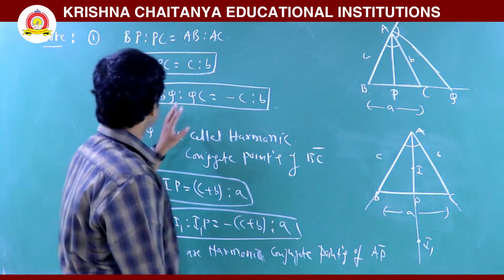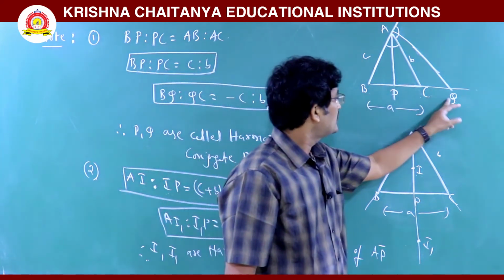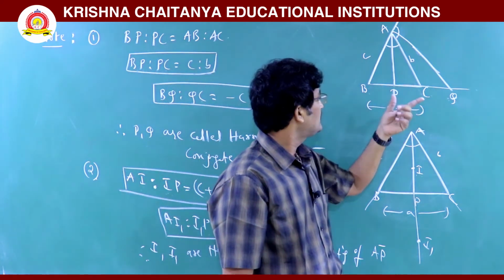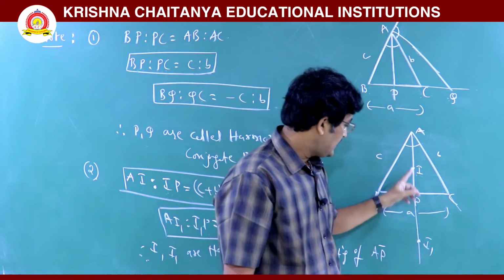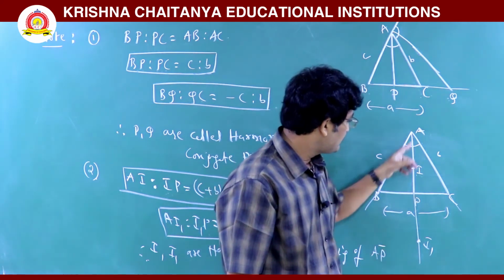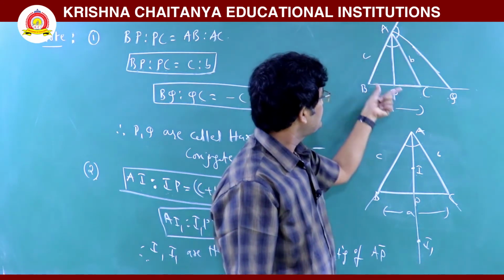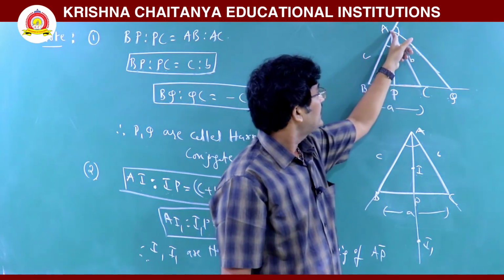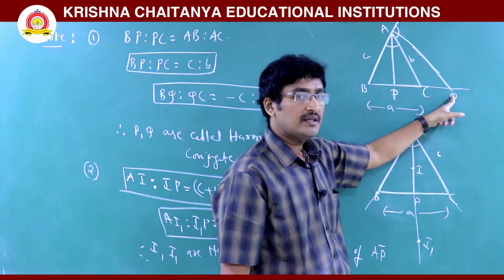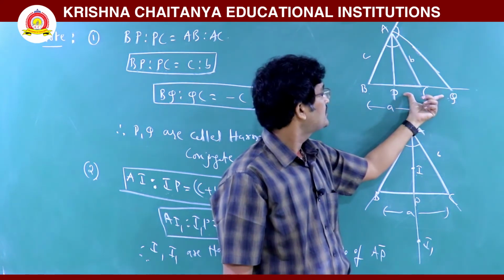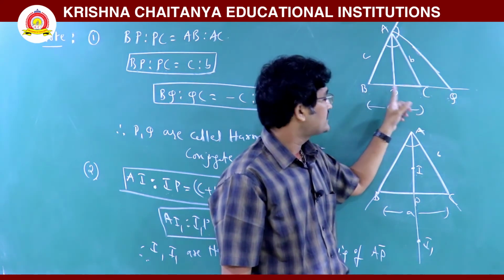So in this one, P, Q are harmonic conjugate points of BC bar. Here I and I1 are harmonic conjugate points of AP bar. Here internal angular bisector of A meets BC bar at P. Here external angular bisector of A meets BC bar at Q. These P, Q are harmonic conjugate points of BC bar.